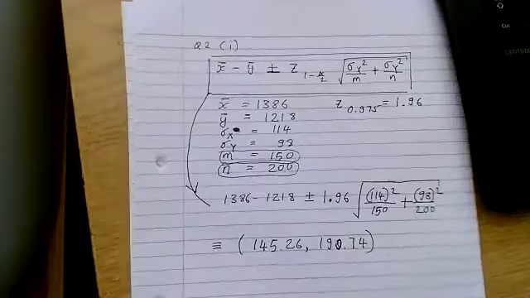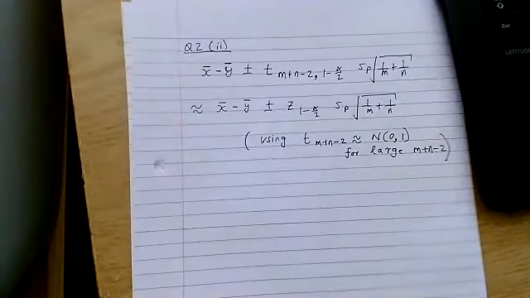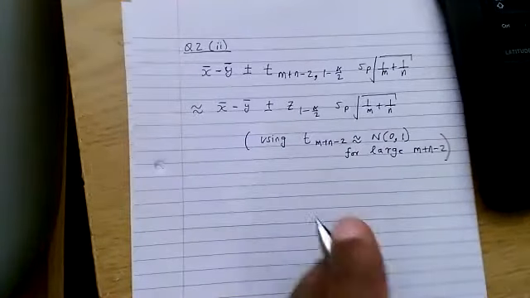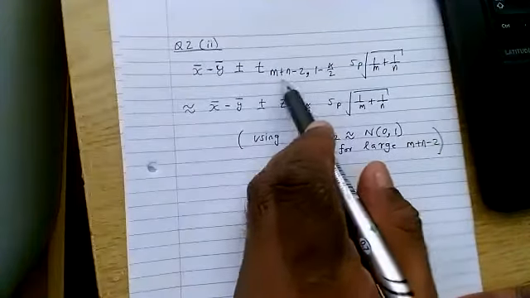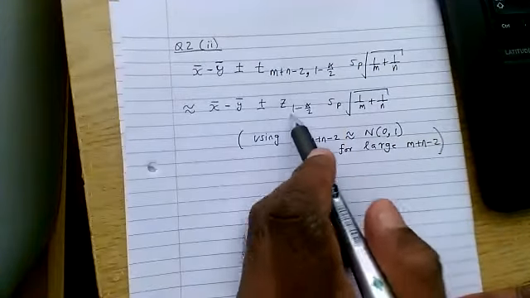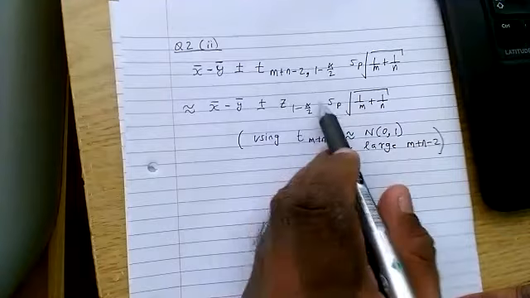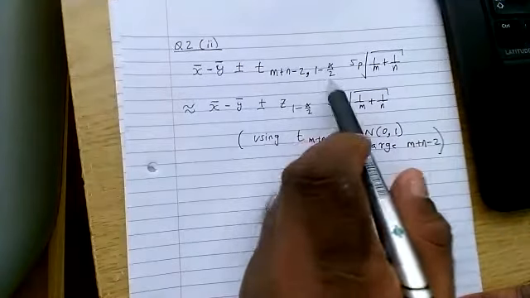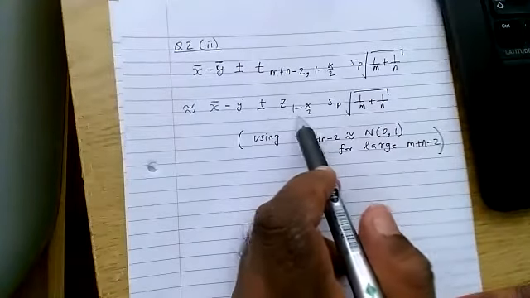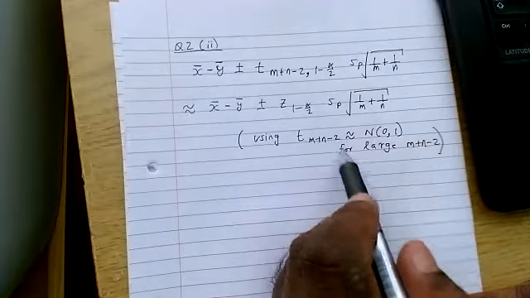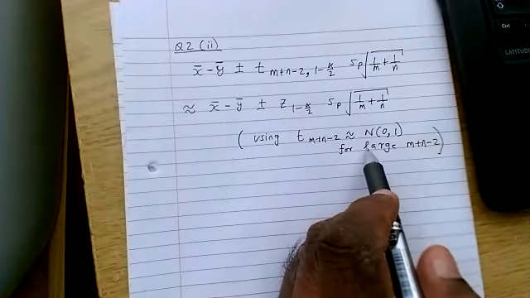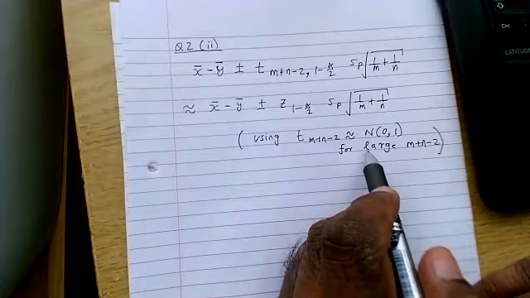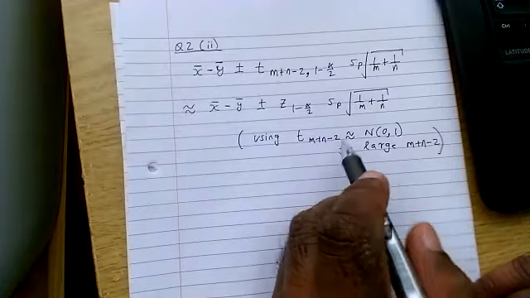Right. All right. So let's get back to part two of question two. Right now, what I'm doing here, guys, is that because m plus n minus 2 is a large number, you can approximate this guy by this guy, right? This is the percentile of t. This is the percentile of standard normal. And this is a property I mentioned earlier in the video on the t distribution, right?